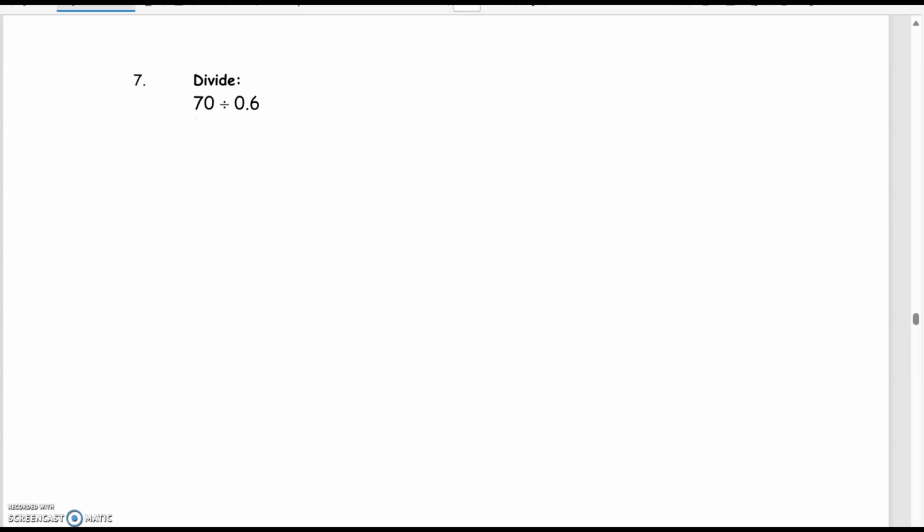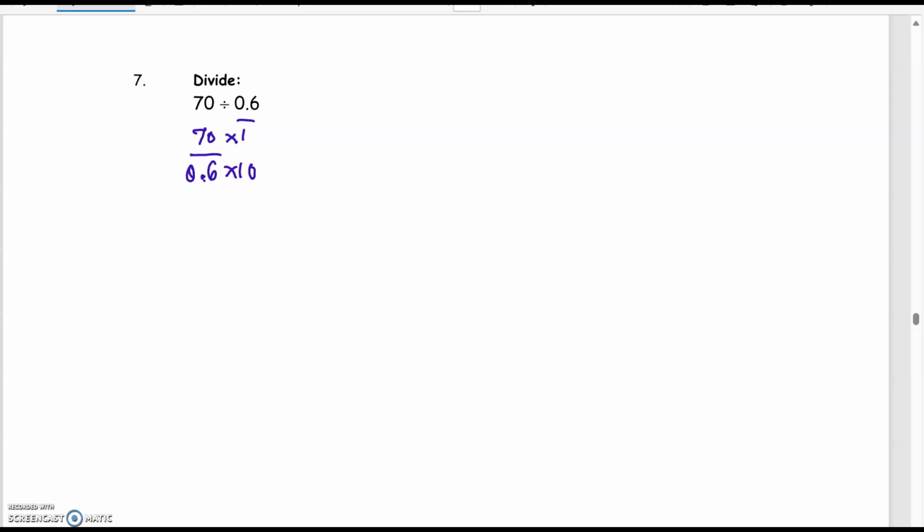Again, we are doing decimal division. But what is it that we have to always be careful about? The divisor, you're dividing by 0.06. The divisor has to be a whole number. How do I make this a whole number? By shifting the decimal point one place value to the right, which is the same as saying multiply by 10.